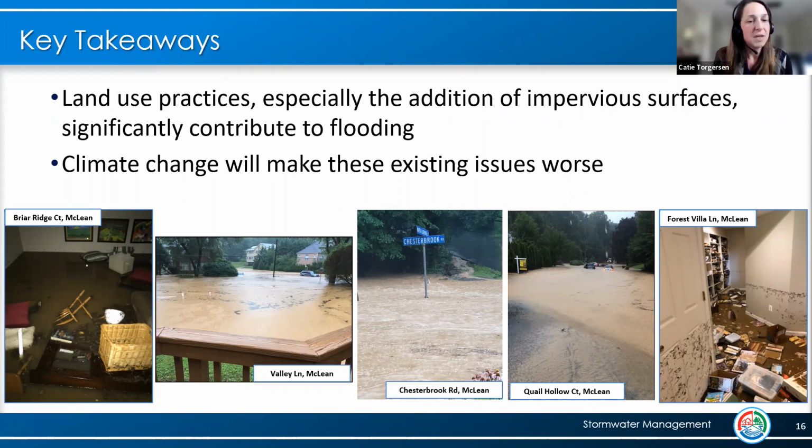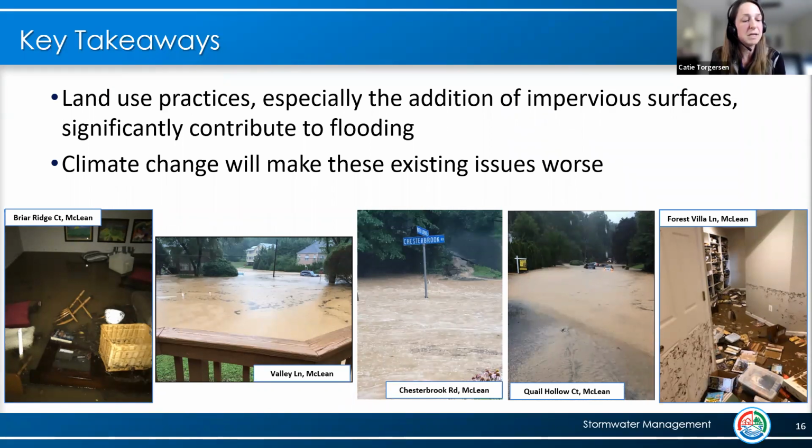So I want to leave you with just 2 key takeaways, because I know that's a lot of information. Basically, land use practices, particularly the addition of impervious surface, significantly contribute to flooding. And then climate change is going to make these existing conditions worse.